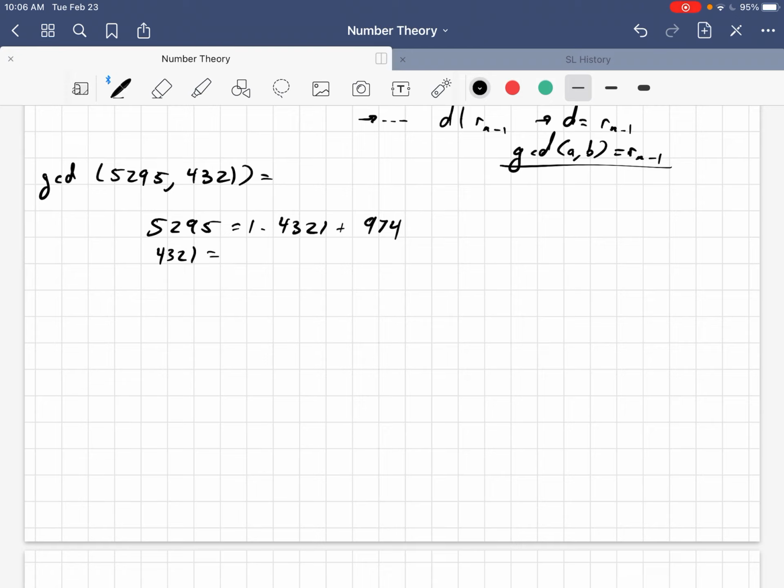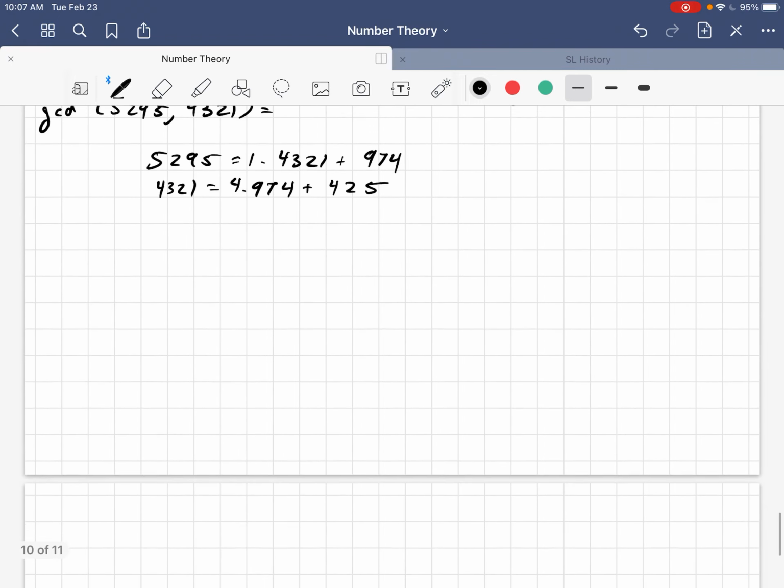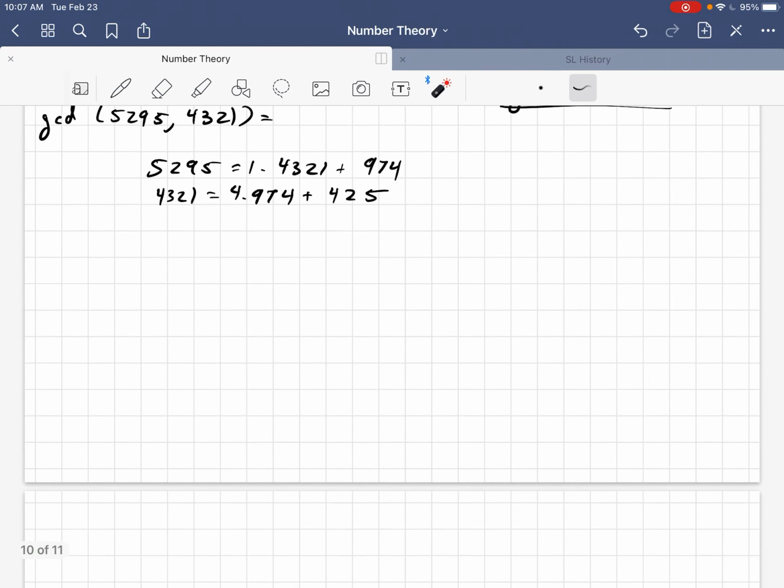So 4321 is going to be equal to, I believe that's 4 times 974 plus 425. And now I've broken up 4321 into multiples of 974 plus a remainder of 425. Now I'm going to break up 974 into multiples of 425 plus a remainder.